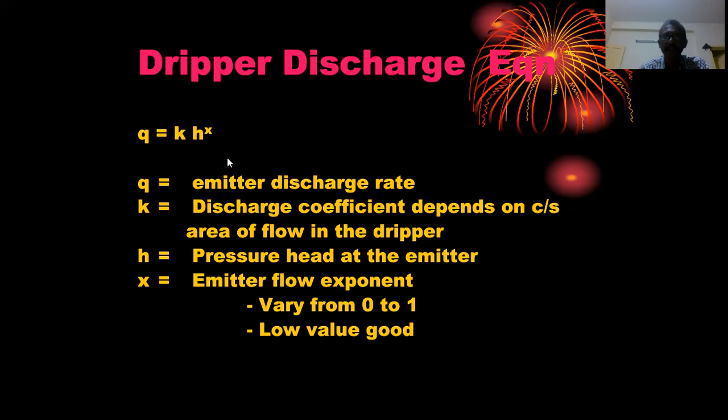Even if pressure varies, if the dripper is able to deliver a constant discharge, then it is good. So lower flow exponent values are very good, and x value goes even to 1. So these larger values are not very good in terms of discharge variation.